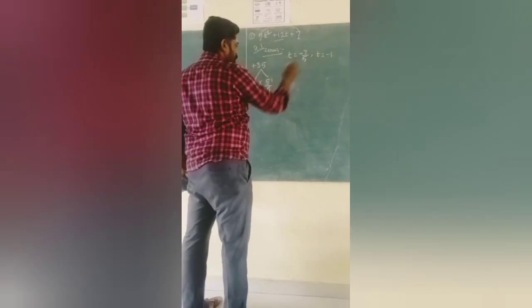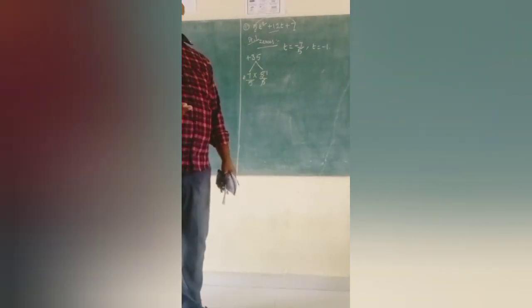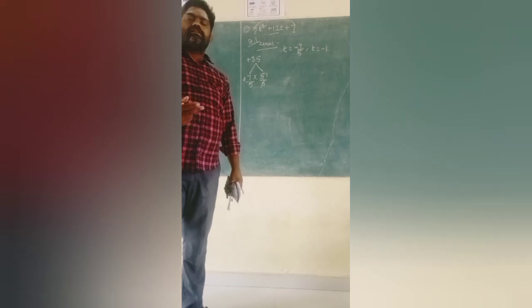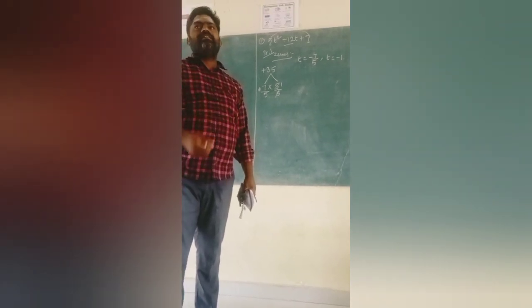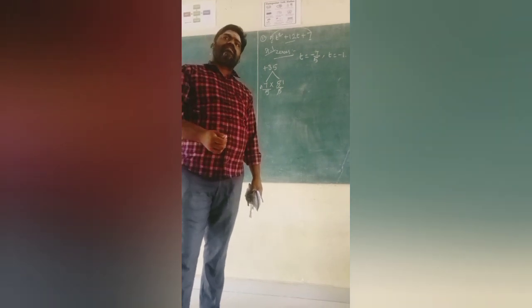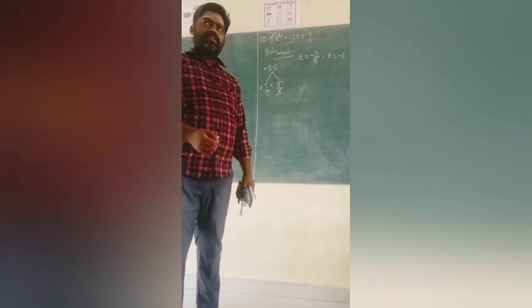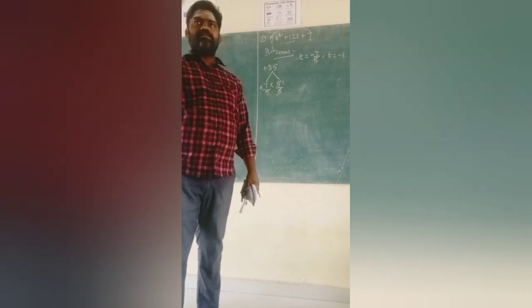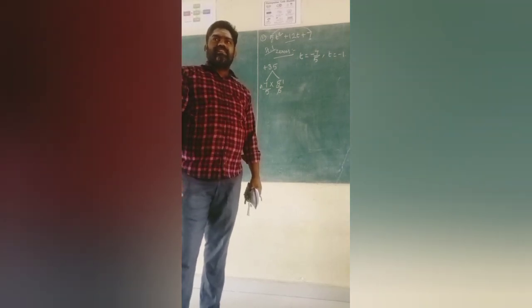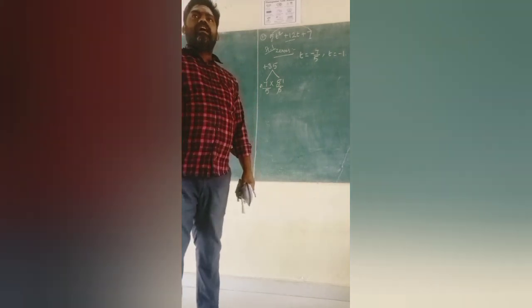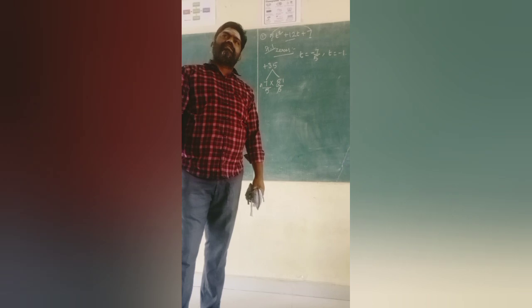Listen. First of all, we know that there are two kinds of zeros. What are they? Alpha plus beta.